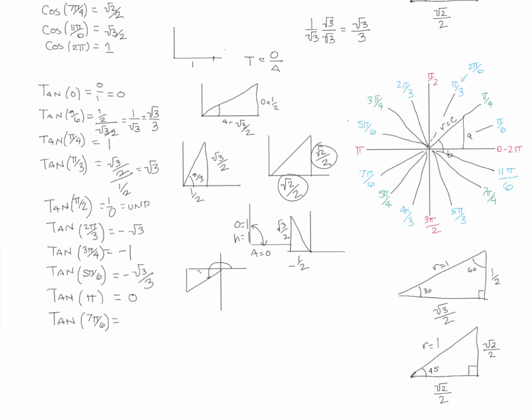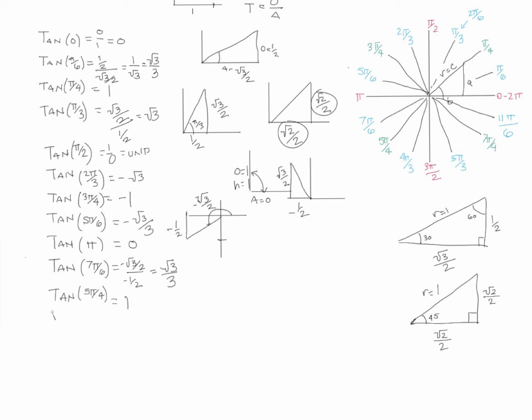There we go. Okay, so that's negative 1/2, and that's negative root of 3 over 2. So we put them in a fraction. The negatives cancel, so we get root of 3 over 3. Tangent of 5 pi over 4, like all 45-degree tangents, is 1.